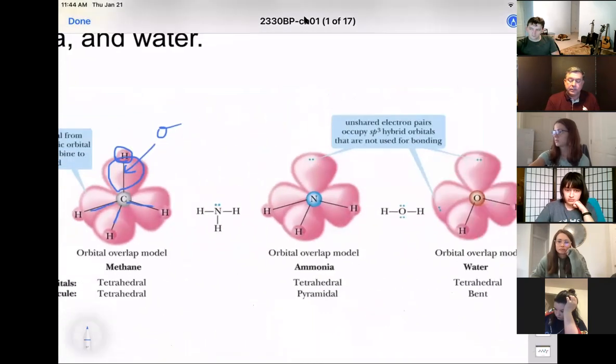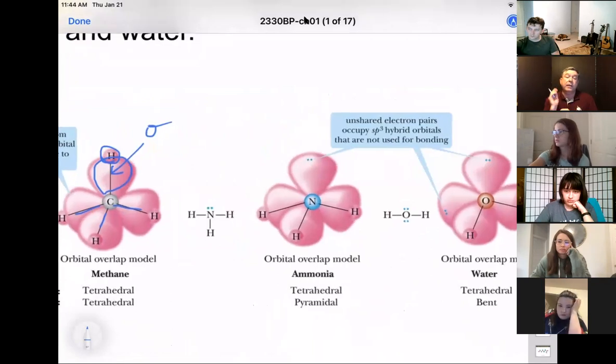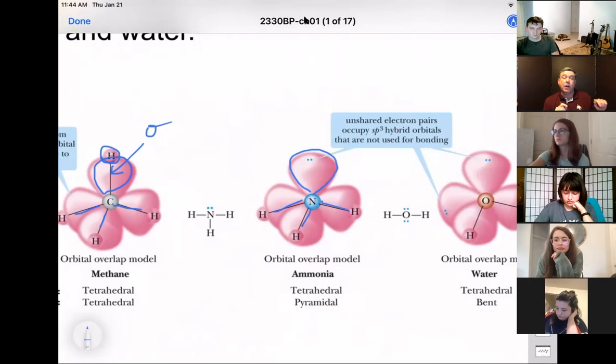Let's do the same thing, but with nitrogen. Nitrogen already had 5 electrons, so it only needed to bond 3 times to fill its shell. And so what we end up with is 3 equal bonds to the hydrogen, but we have the lone pair and it takes up space, okay? So notice that this is the exact same shape as the carbon, meaning the nitrogen in this case is also sp3 hybridized, okay?